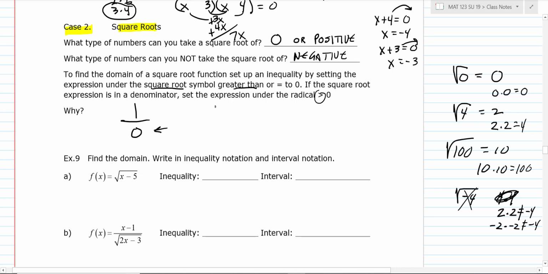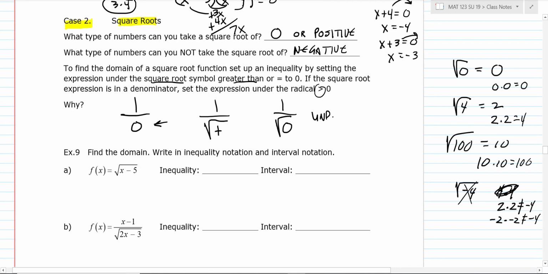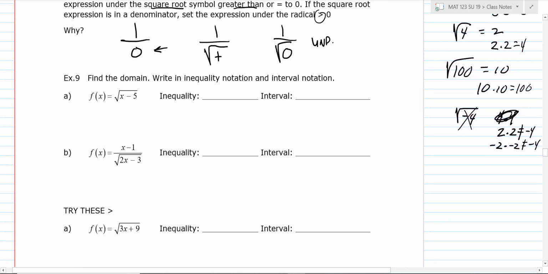So if your square root is below, then that can only be a positive number. You can't have 1 over the square root of 0, because that would be undefined. So we got that. What we do on these problems then is we do this, and you can check this on a graphing calculator too, like I've been doing. So this one, we have a square root.